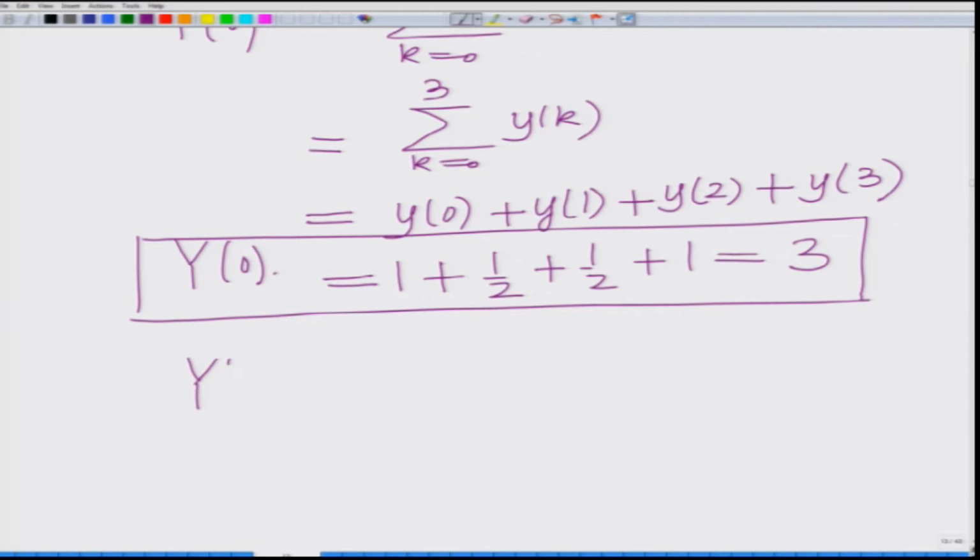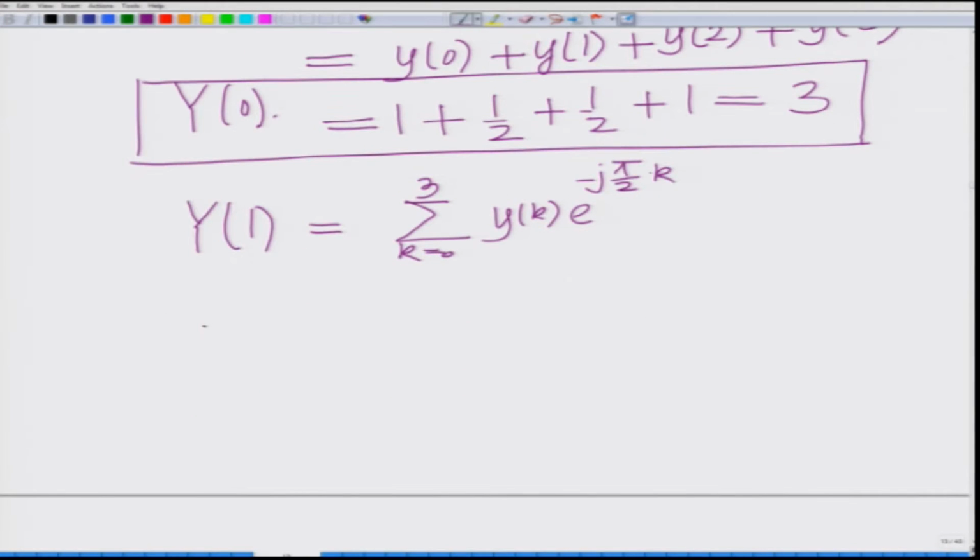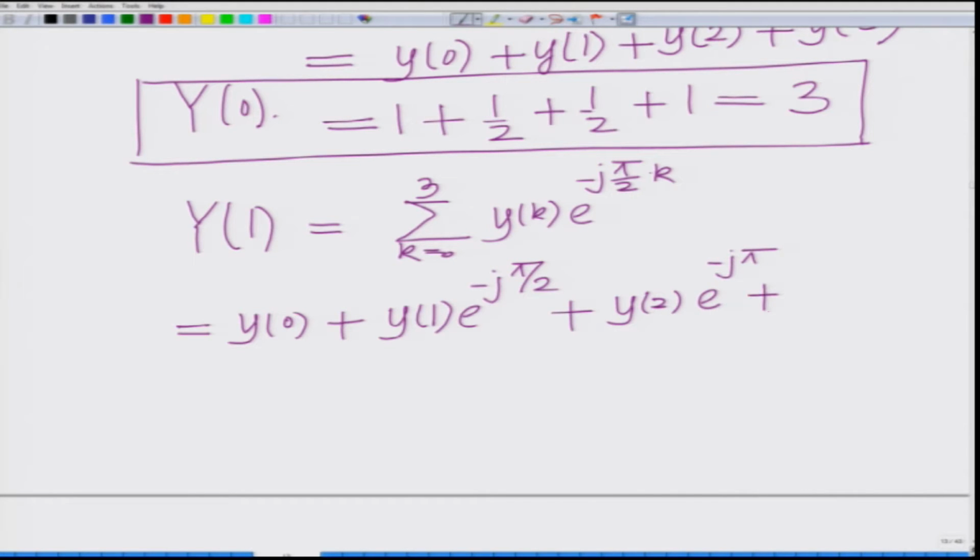Now, similarly Y1 equals summation k equal to 0 to 3 of yk e to the power of minus j 2 pi k into L equals 1. So, this is simply e to the power of minus j pi by 2 k, which is equal to y0 plus y1 e to the power of minus j pi by 2 plus y2 e to the power of minus j pi plus y3 e to the power of minus j 3 pi by 2.